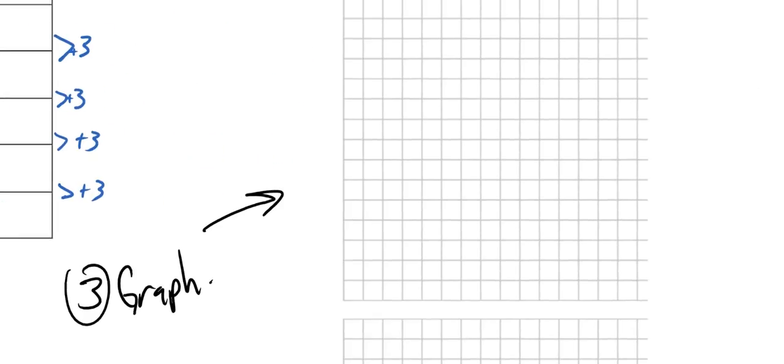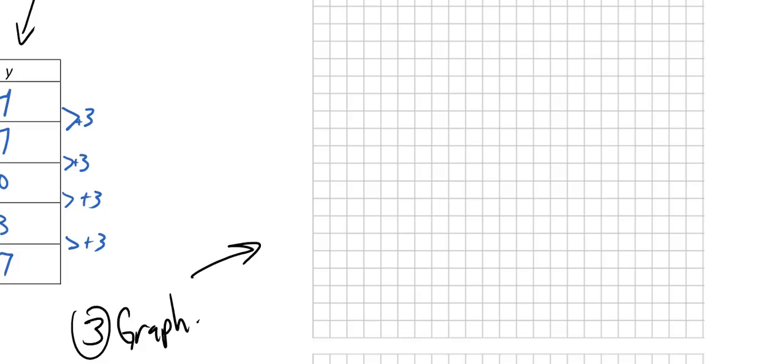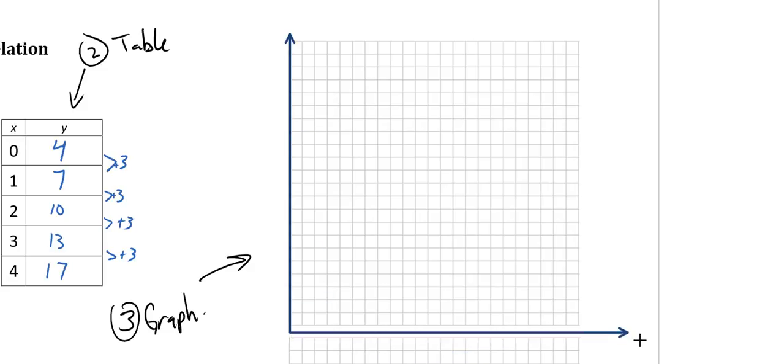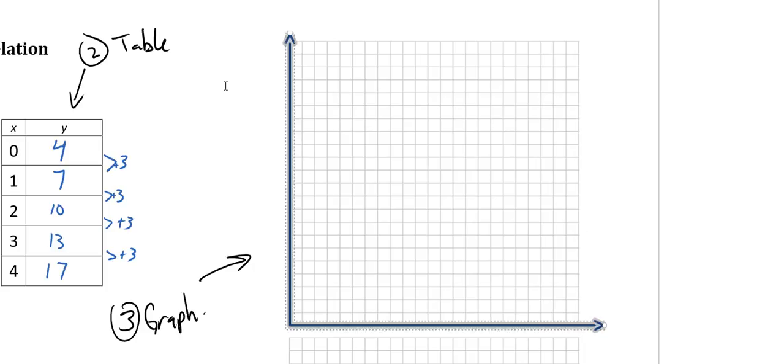Okay, and I want to remind you, when you have a grid like this, you've got to draw in your axes. So use a ruler and draw in your axes like that, please. Yeah, there's one right there. And then I can graph like this. I can say, where does it start?